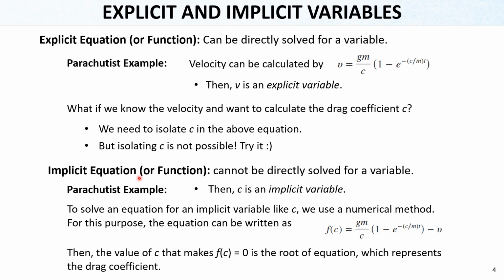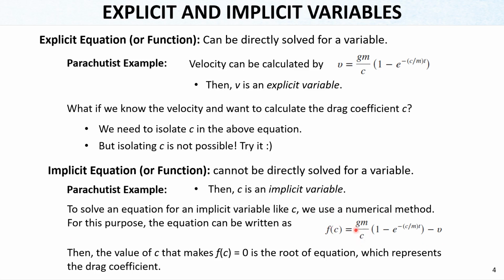So for the implicit equations, to find the implicit variable or solve this implicit equation like C, we use a numerical method, and for this purpose, to be able to apply a numerical method, we simply write the equation as follows.